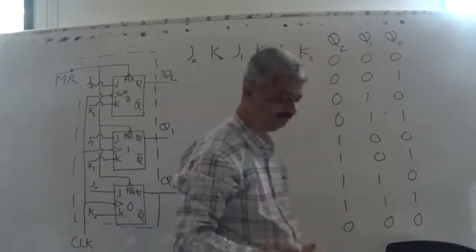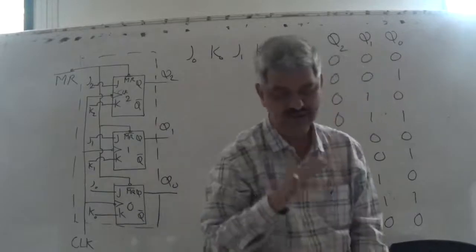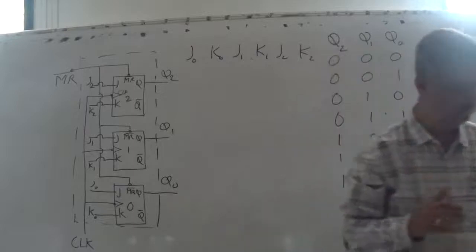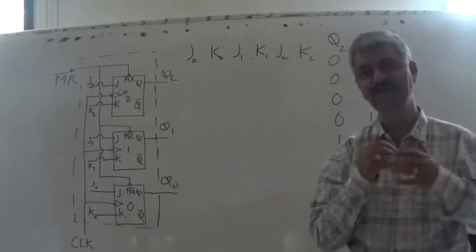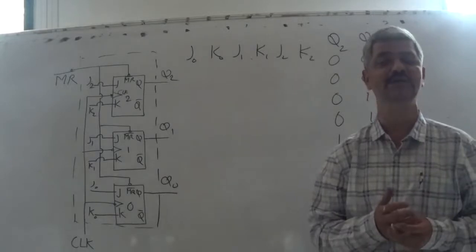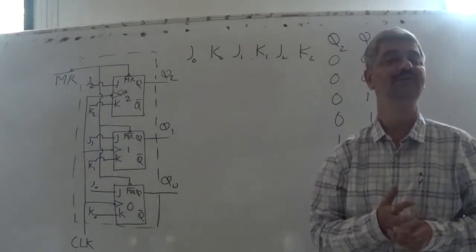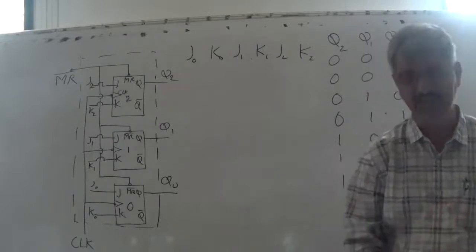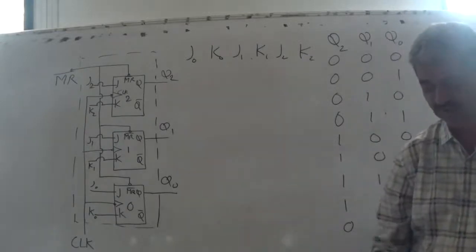So what should I have? I find that flip-flop number 0 in the 3-bit counter always toggles. So when it always toggles, what kind of input combination gives me a toggling output? J equal to 1 and K equal to 1 gives me a toggling output.